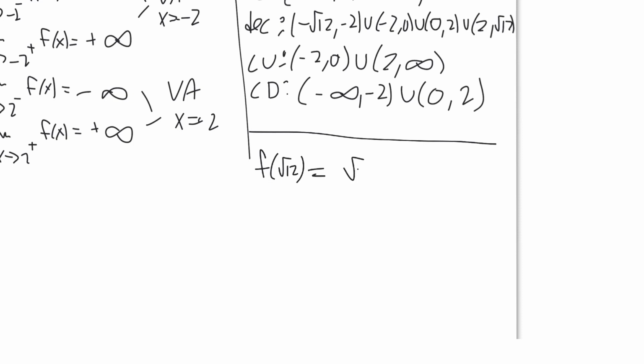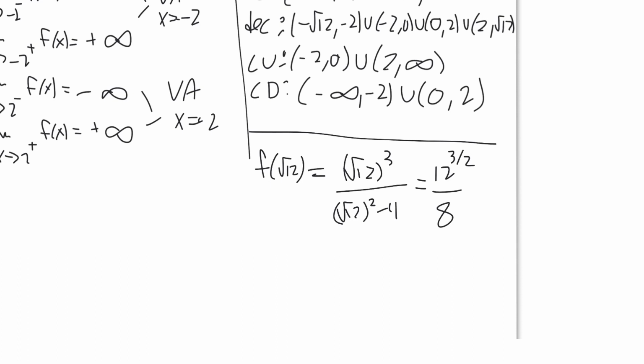So that gives us root 12 cubed over root 12 squared minus 4. So this will be 12 to the 3 halves, if you want, as an exponent. The square root of 12 squared will just give us 12, and 12 minus 4 will be 8. So that will give us just 12 to the power of 3 over 2 over 8.